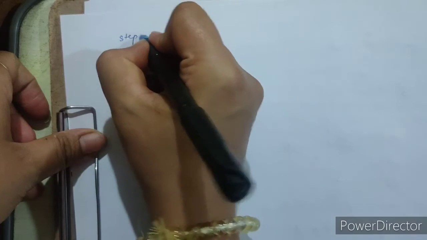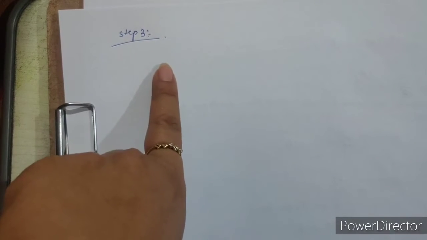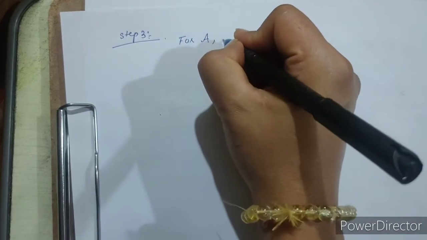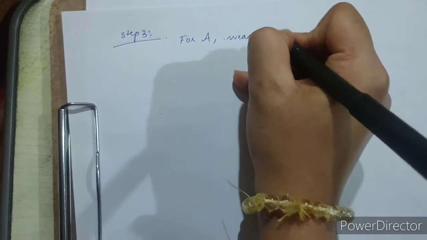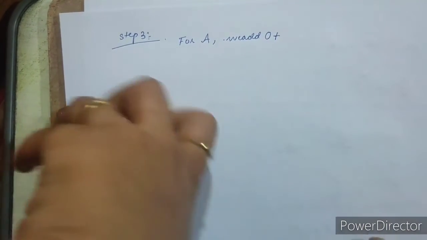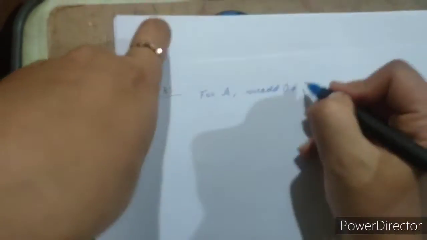Step number 3. Now the same process is checked for neighbor A. For A, what do we have to do? We add 0 plus the weight from A to C. A to C is 1.